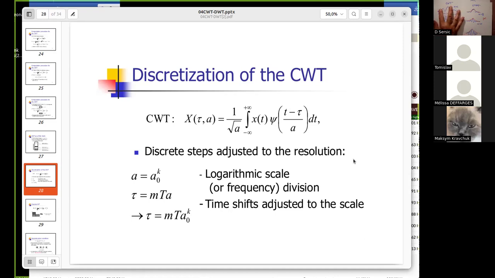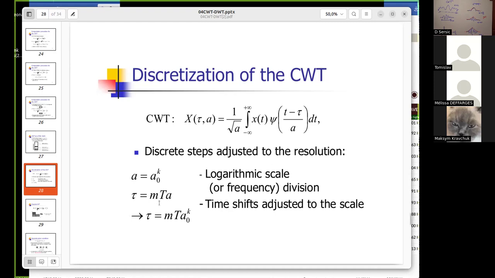This one corresponds to low frequencies, so your jump can be longer. Here we have a very short wavelet, and here we need to have a dense quantization of the time scale.